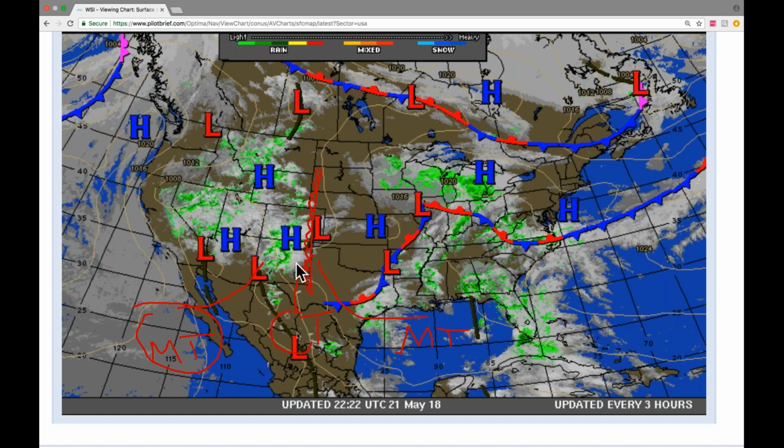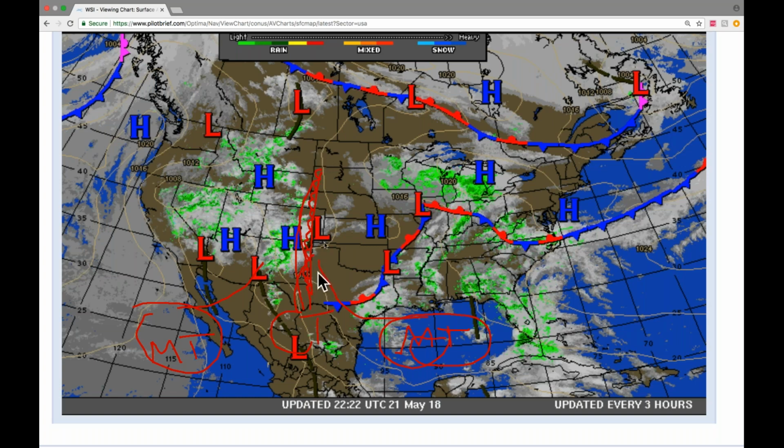This is where the continental tropical has actually moved up, and the moist air from this maritime tropical has converged with this continental tropical, and it forms what we call a dry line.